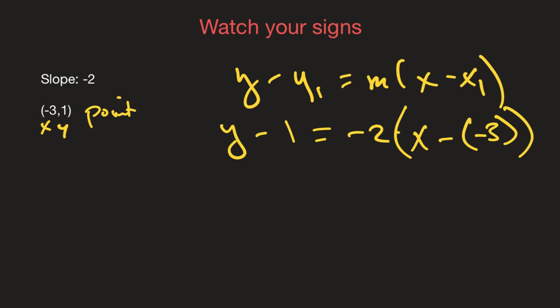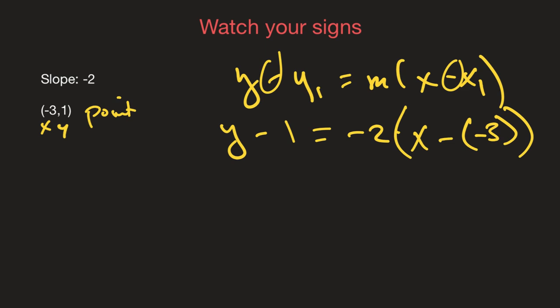Now be careful here. Okay? Earlier I mentioned that point slope form has these built-in minus signs. Those minus signs are always there. So if we have an x or a y value that is negative, it's kind of like slope formula. Watch your signs.